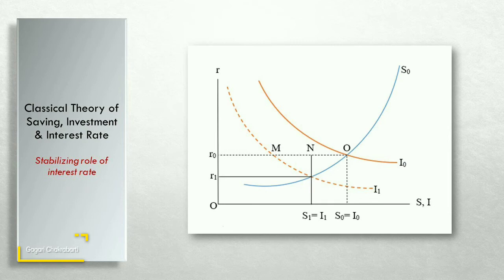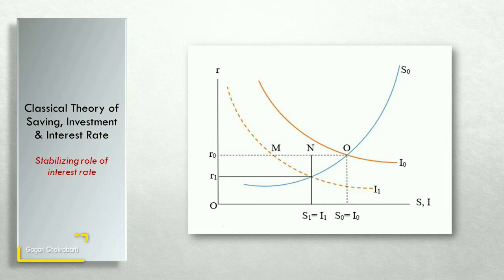Now we assume that due to some exogenous factor, the expected profitability of investment is reduced, so that the impact will be a reduction in investment at all levels of the rate of interest. Therefore, the demand for loanable funds will be reduced for each level of interest rate. The investment curve shifts from I0 to I1.